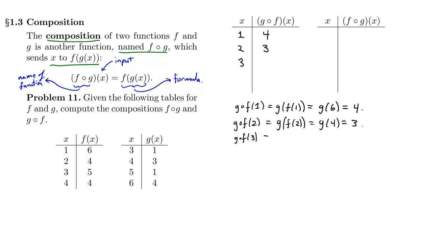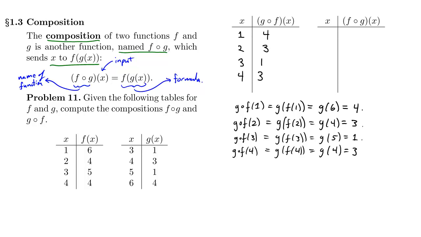G composed with f of 3 is g of f of 3, which is g of 5, and that equals 1 from the table for g. Finally, g composed with f of 4 is g of f of 4, which is g of 4 since f of 4 is 4. And g of 4 is 3.